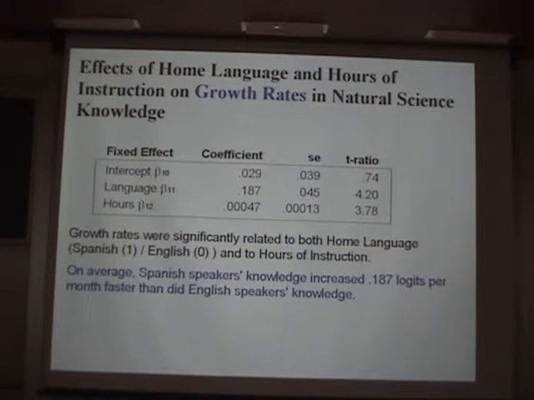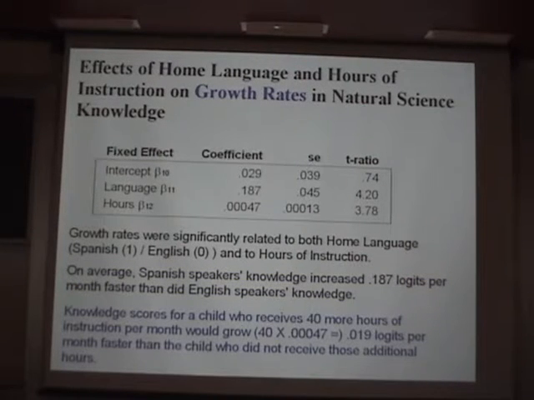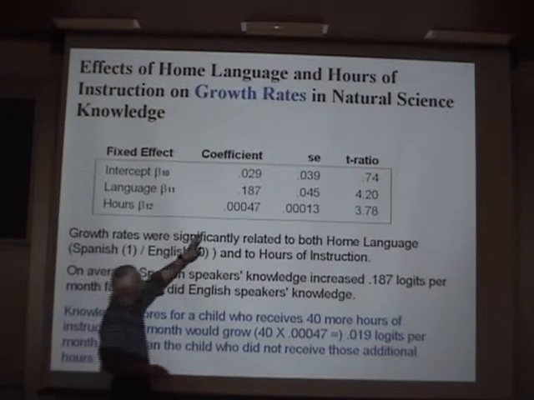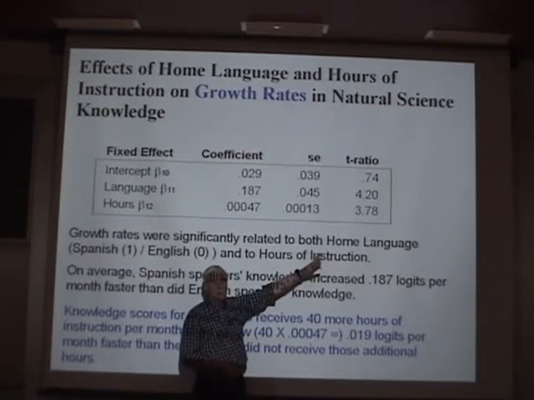On average, Spanish speakers' knowledge increased 0.187 logits per month, faster than the English speakers' knowledge. Knowledge scores for a child who receives 40 or more hours. And then we look at the effect of hours of instruction on the trajectory. So kids that get lots of hours of instruction, do they grow at a faster rate than kids that don't get intense instruction? That coefficient is small, but it's statistically significant.